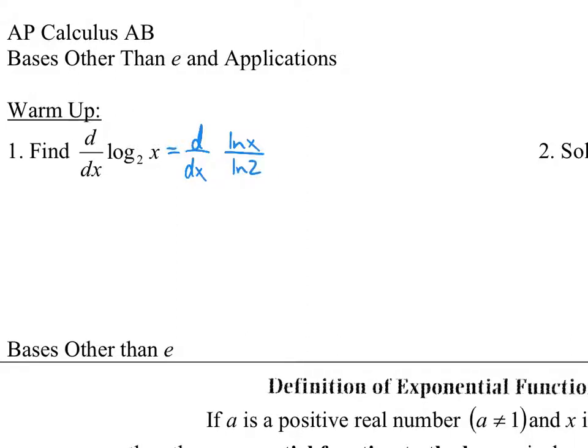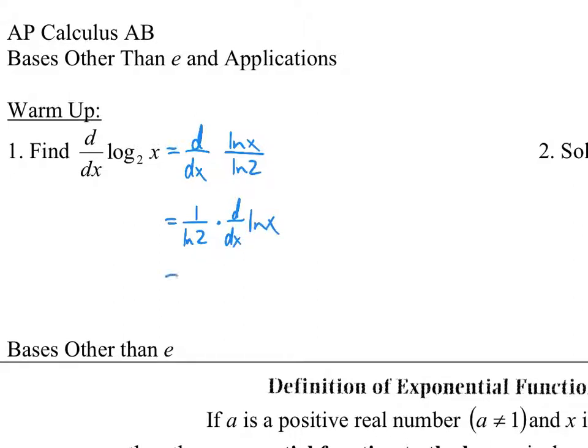Okay? I've changed the base to e, and the reason for that, notice now I can see this as ln of x times 1 over ln of 2. And 1 over ln of 2 is just a constant, okay? So I know that this is going to be 1 over ln of 2 times whatever the derivative of ln of x is.